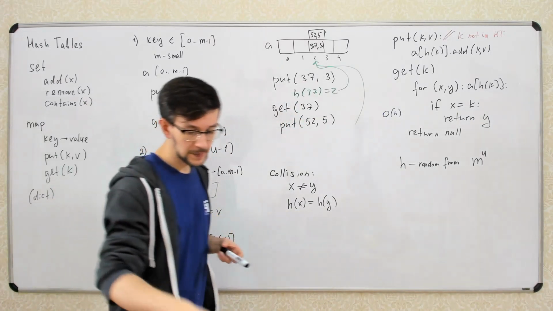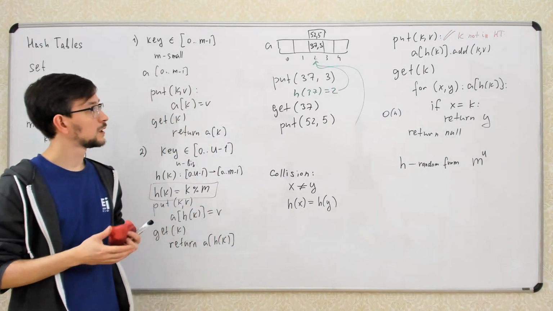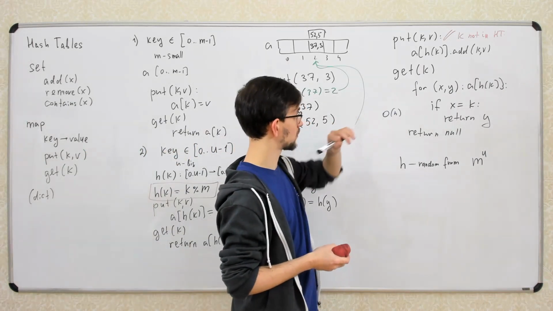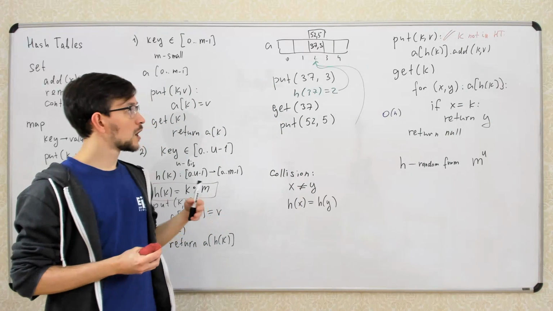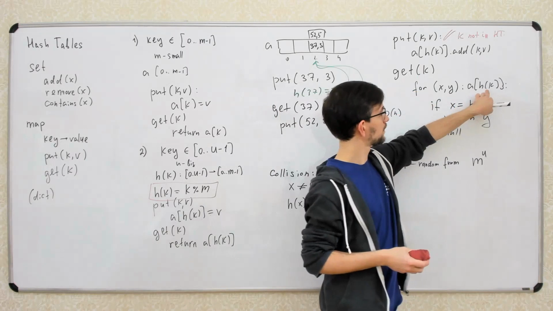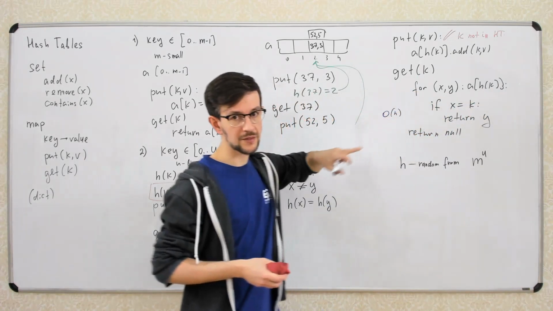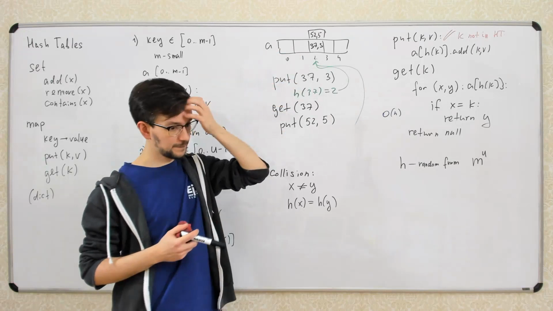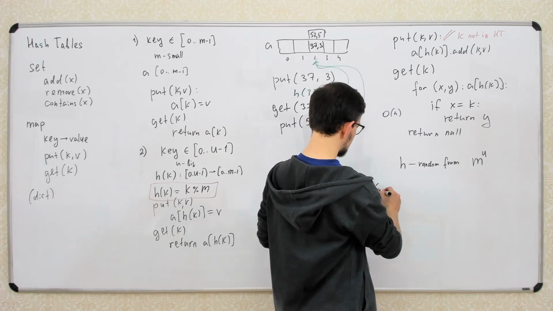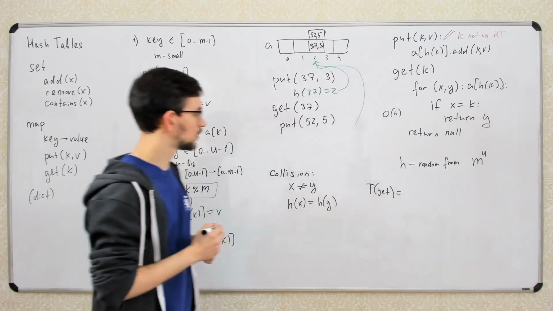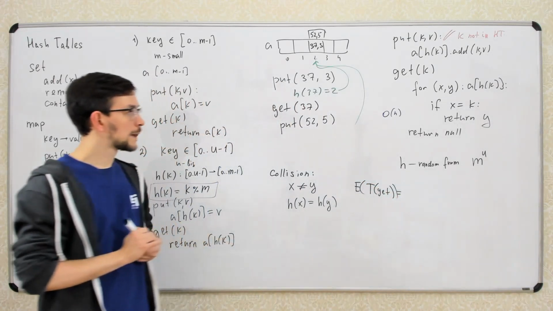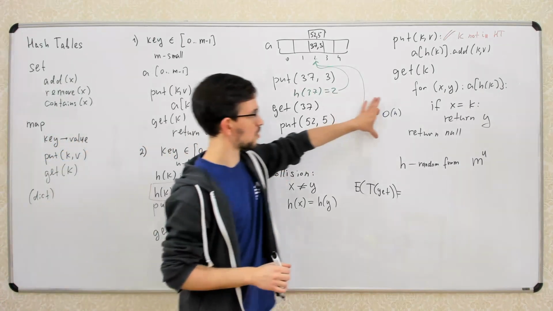Now, what happens? Let's see what will be the expected time complexity of this get operation. If we pick some key and calculate this hash function of k, what will be the expected length of this list? The expected value of the time of get will be equal to the size of this list.